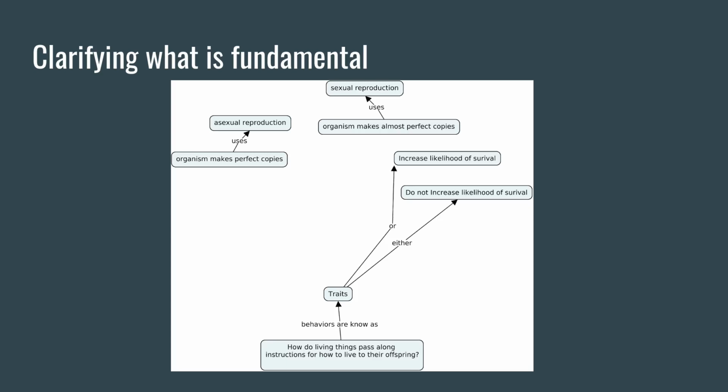and that's how I have categorized asexual versus sexual reproduction. So is this a full concept map for genetics? No, but it does start to get at what I mean when I say what's fundamental about my approach. So what's fundamental to me is understanding that what we're talking about is traits. The traits are related to survival, and the passing of those traits differs whether I'm talking about organisms that reproduce sexually or asexually.